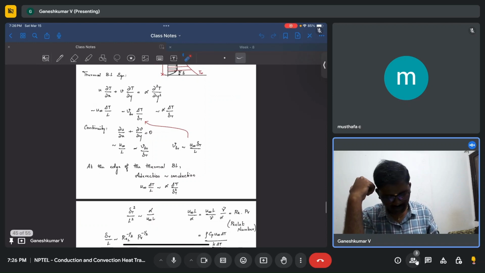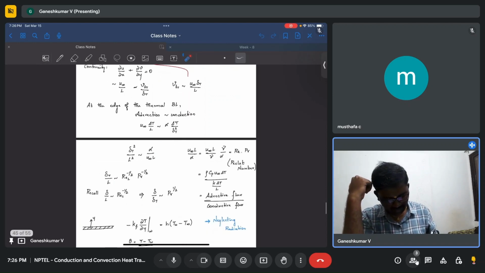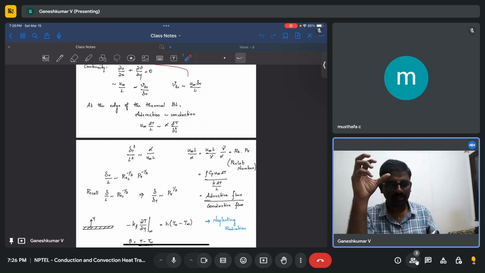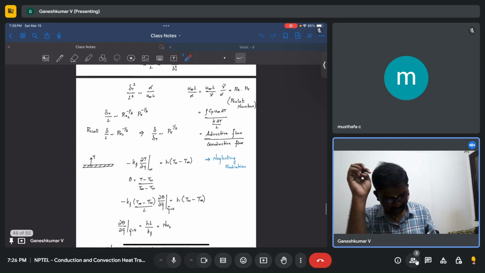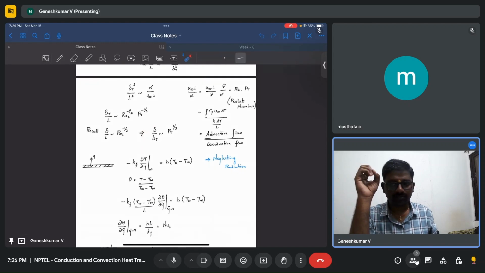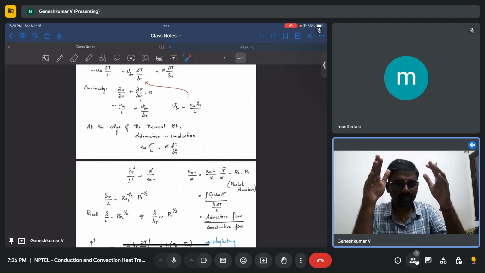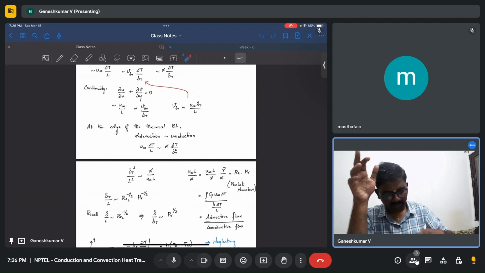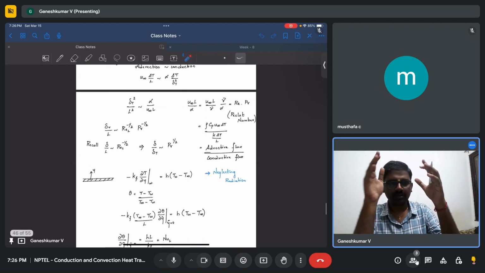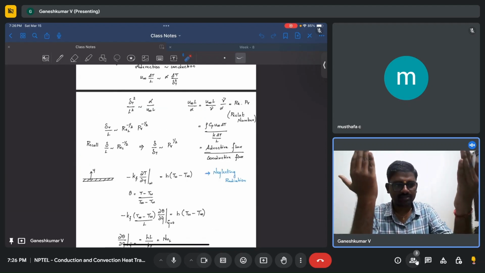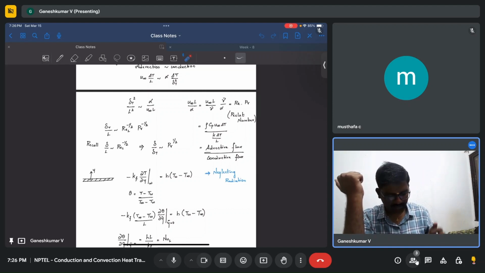Based on order of magnitude analysis, you try to get an order of magnitude for this thermal boundary layer thickness, and that comes out to be delta by delta t is equal to Prandtl number to the power half. It's just order of magnitude. You just need to select a proper scale, and if you equate the LHS and RHS of the equation, you will end up having this relation.